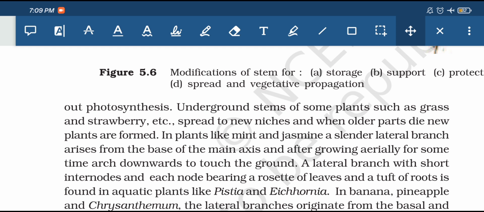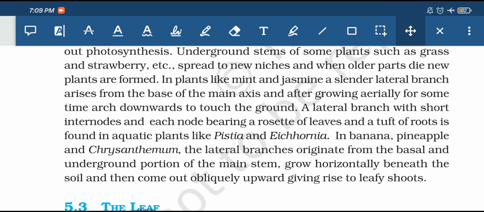A lateral branch with a short internode, and each node bearing a rosette of leaves and a tuft of roots, is found in aquatic plants like Pistia and Eichhornia. And then there is another modification of stem which is used for vegetative propagation only. Over this whole paragraph they are explaining types of vegetative reproduction or vegetative propagation of stem.